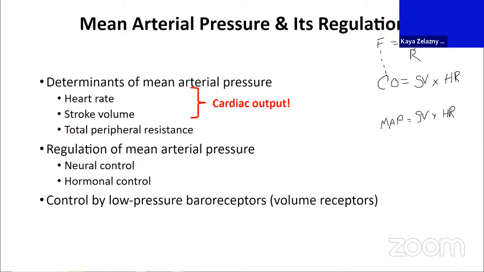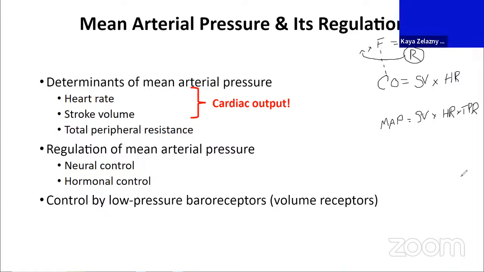But what we're doing now is we've moved our resistance over and multiplied it by that flow, which is why we're adding in our total peripheral resistance. So these are the 3 factors that are going to affect our mean arterial pressure.